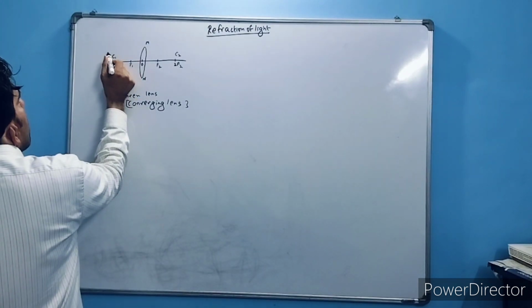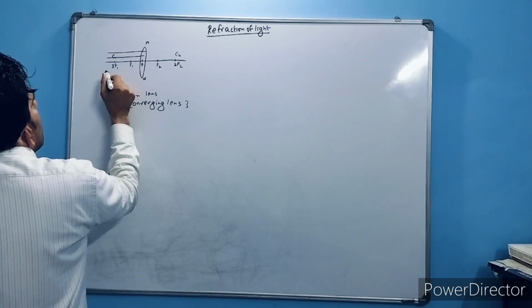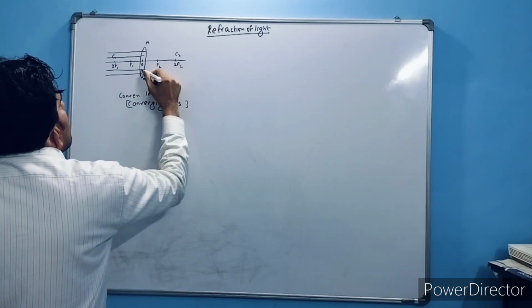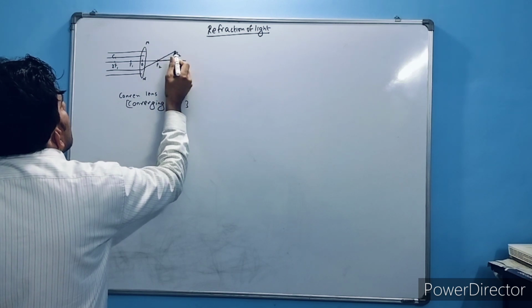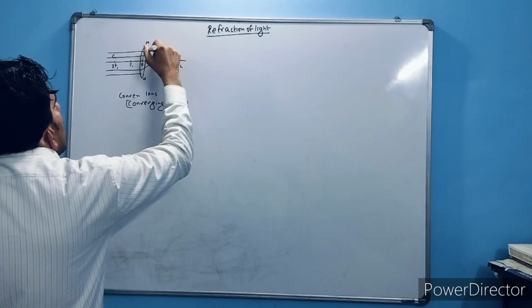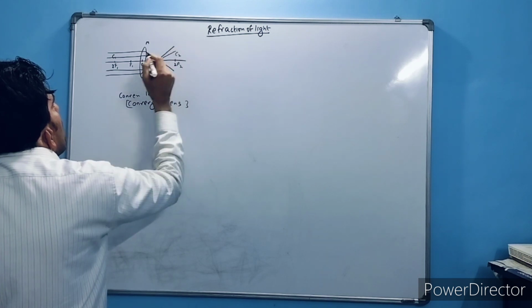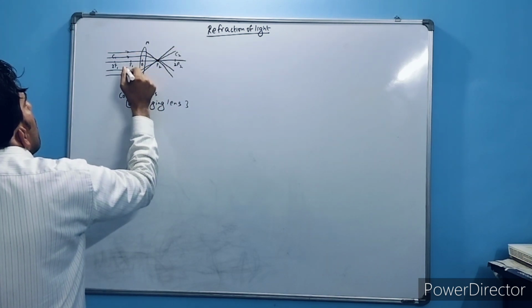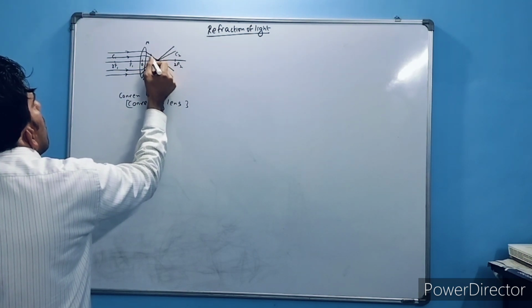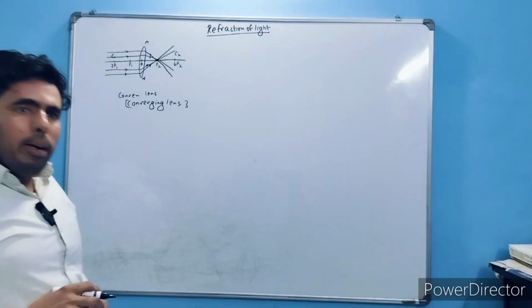Now let us see what will happen when we try to draw the rays. So this is a converging lens, that is the convex lens.